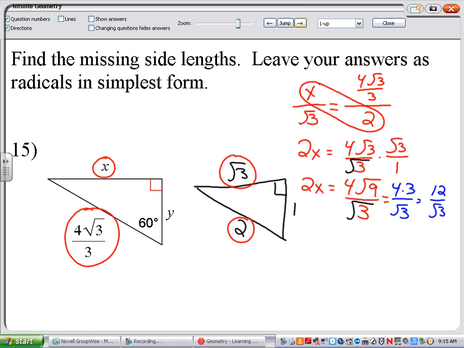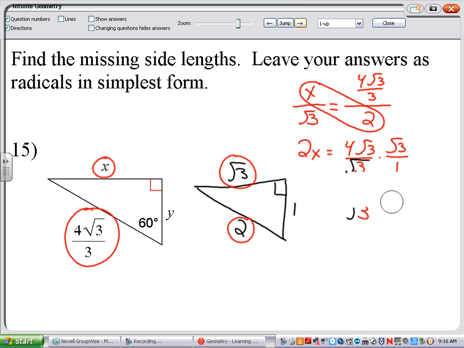Still don't have it right. Let's do this. I've really messed up this problem.